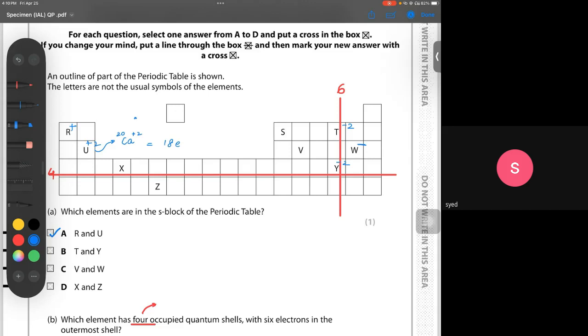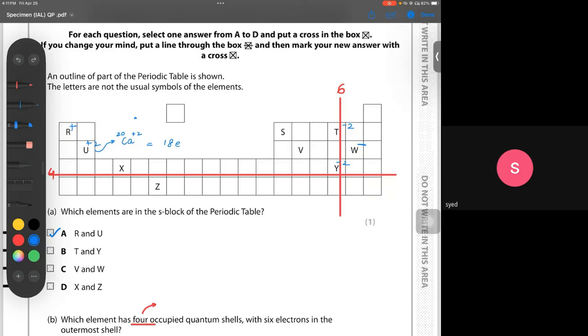And if you can check T, it's group 6. You know what it should be? What is T2 minus? Just look at the periodic table. 1, 2, 6, group 6. I guess oxygen.